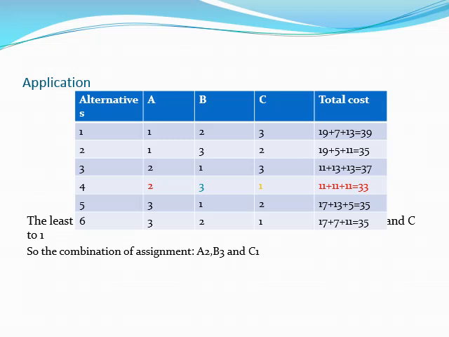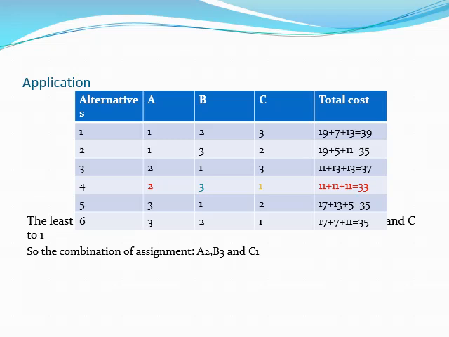If we assign C to job 3, then it costs 13. The total is 19 plus 7 plus 13 equals 39. The next alternative: A for 1, B for 3, C for 2.